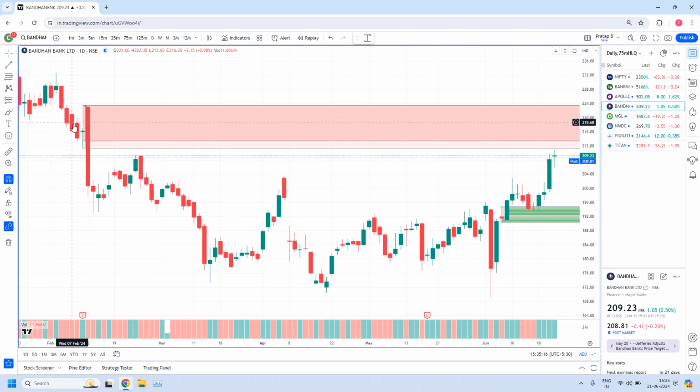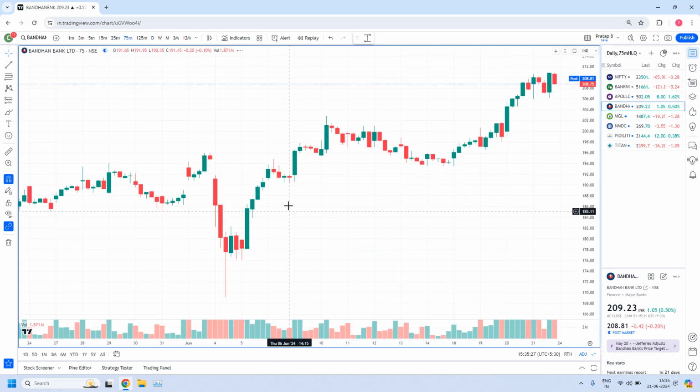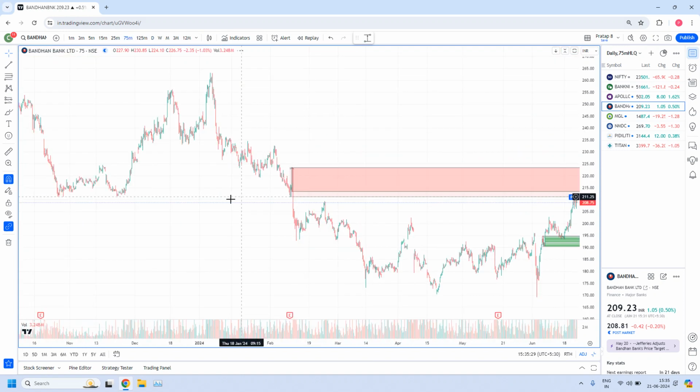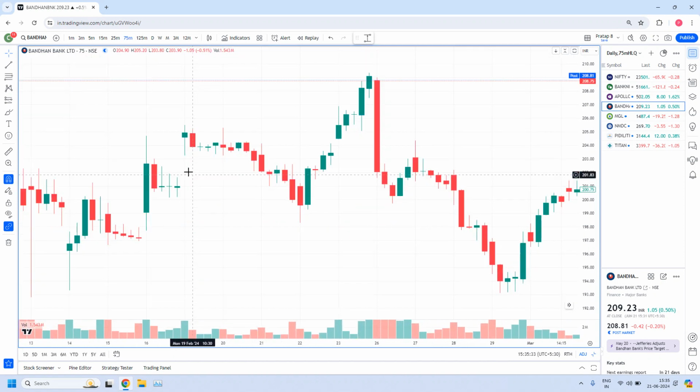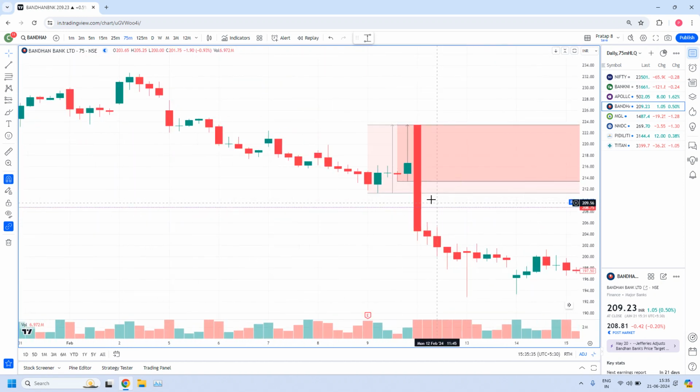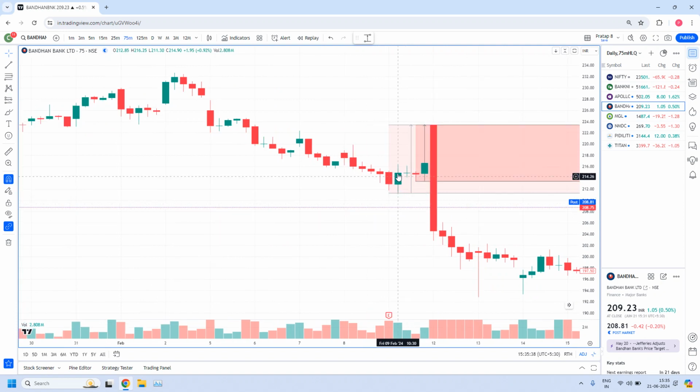So we have a drop, 1, 2, 3, 4 base candles, again a drop candle. And this zone is fine-tuned with 75 minutes time frame. Here you have a rally candle, 1, 2, 3 base candles.